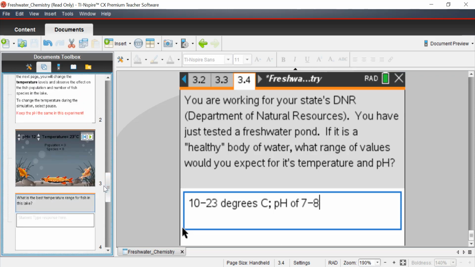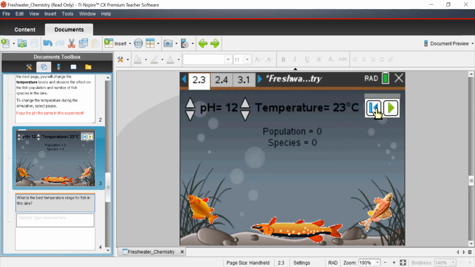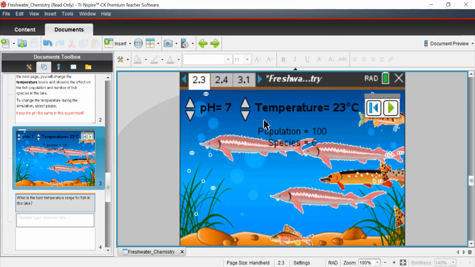And the simulation is just that. It's trying to represent nature, but it's still a simulation. I mean, you've got the cartoon fish and the cartoon water. But just keep that in mind. This is a great way to experiment in a virtual ecosystem, but this doesn't nearly cover every single variable.